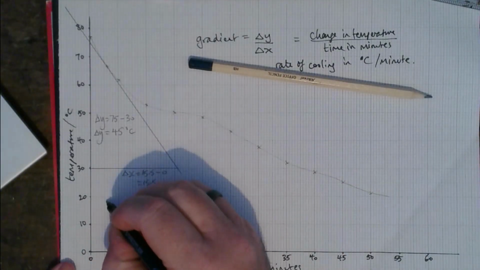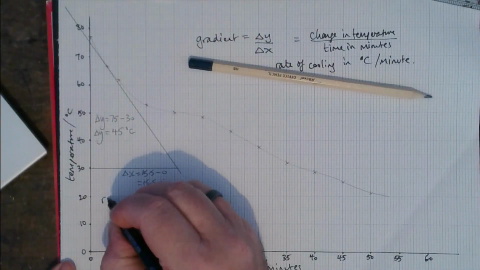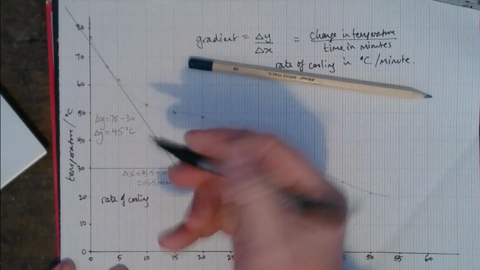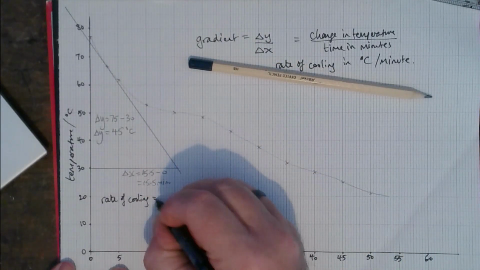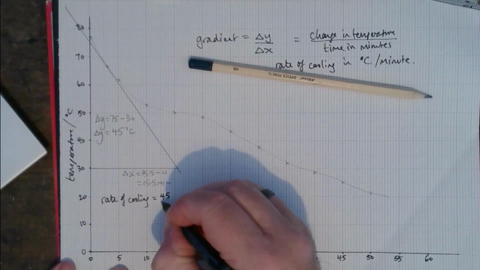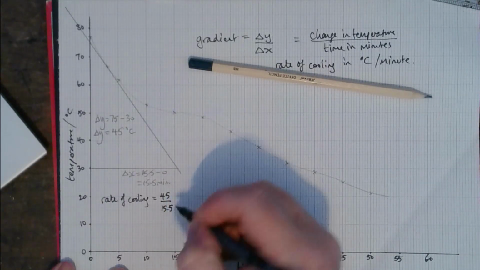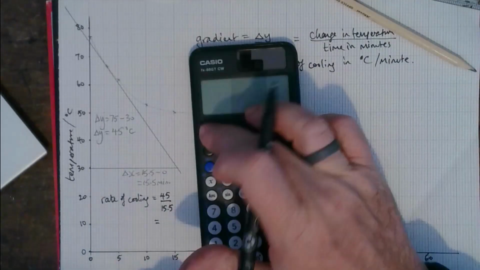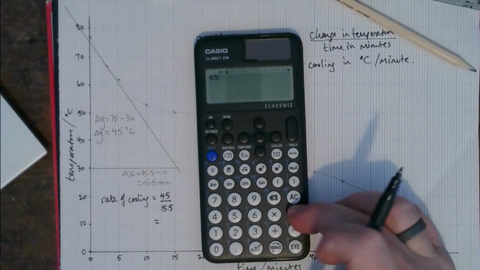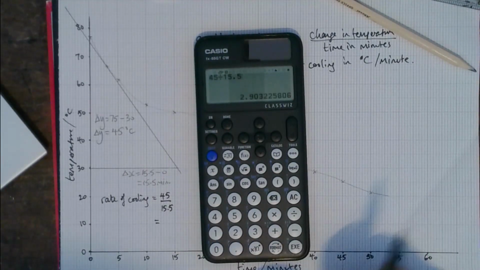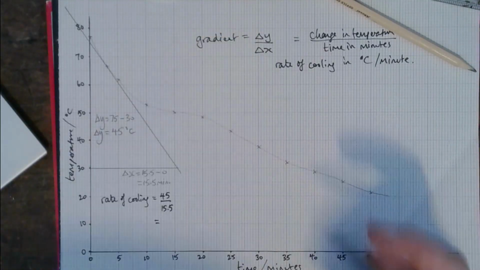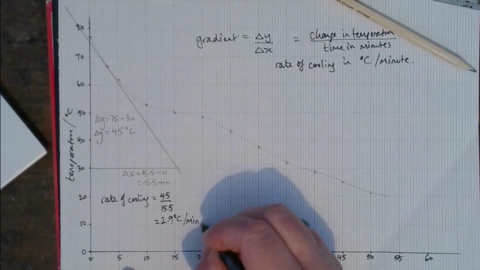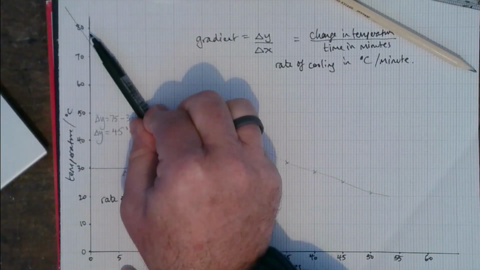My rate of cooling for this first gradient is 45 degrees divided by 15.5 minutes, which gives me a value of 45 divided by 15.5, 2.9. 2.9 degrees Celsius per minute. Okay, that's my rate of cooling for my first initial cooling stage.